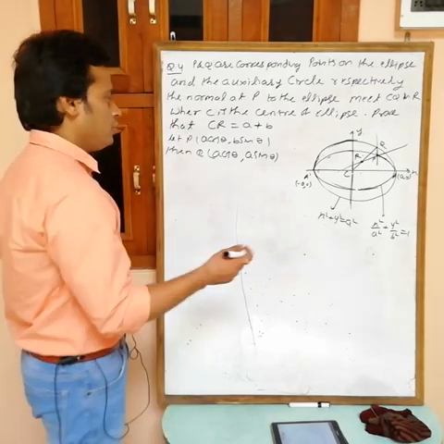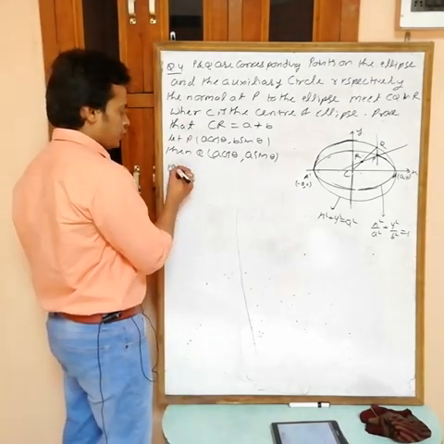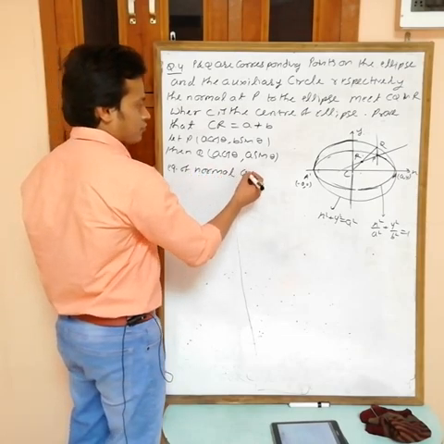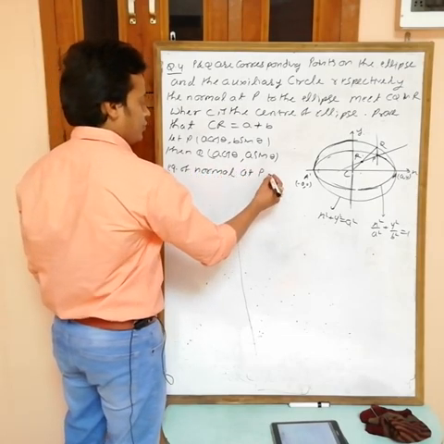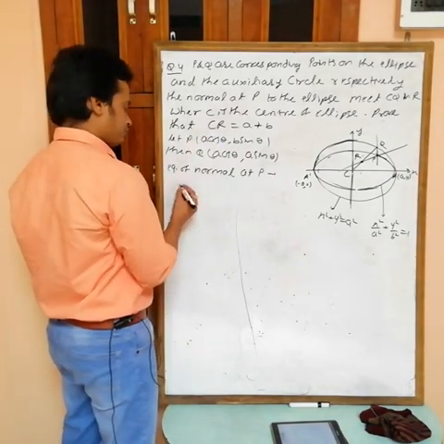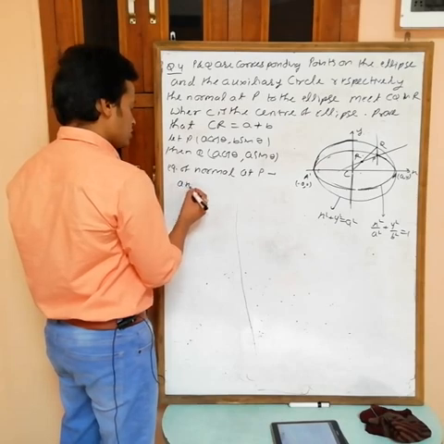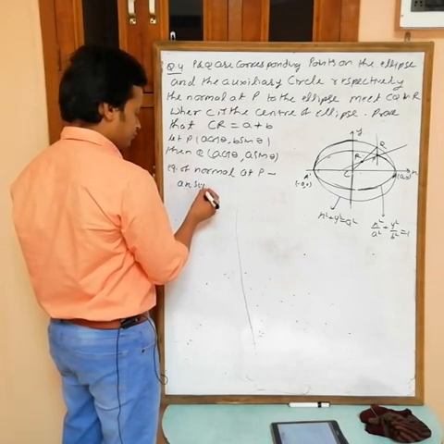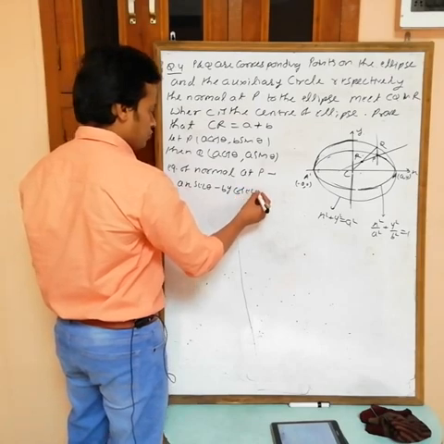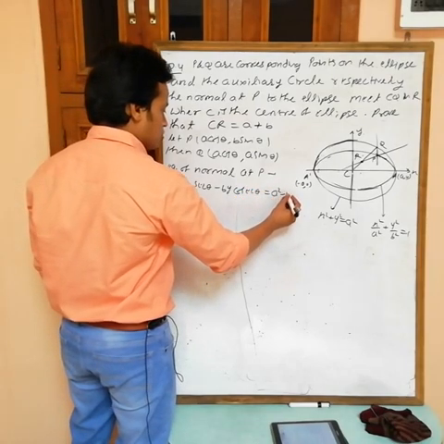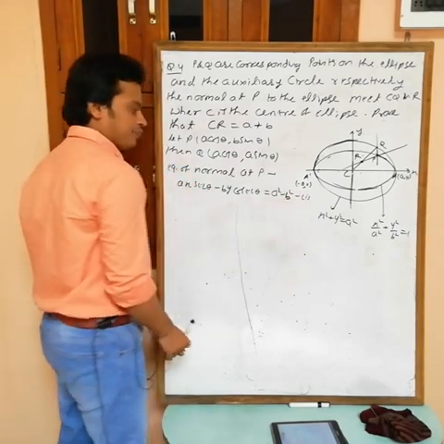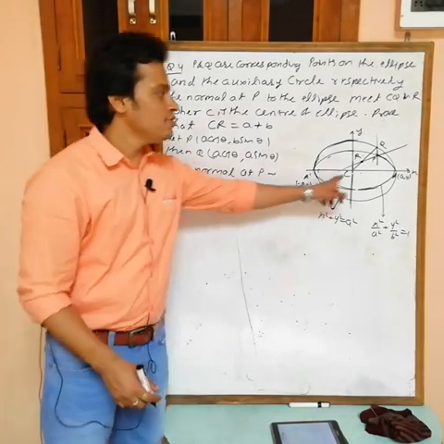Okay, so first the equation of the normal at P. The equation of the normal at this point is ax sec theta minus by cosec theta equals a square minus b square. Okay, first equation. Now I want the equation of CQ.